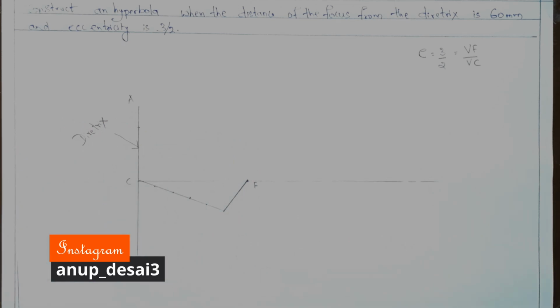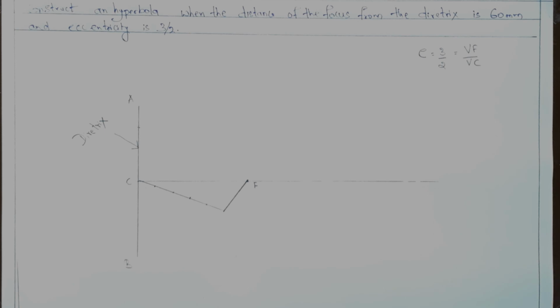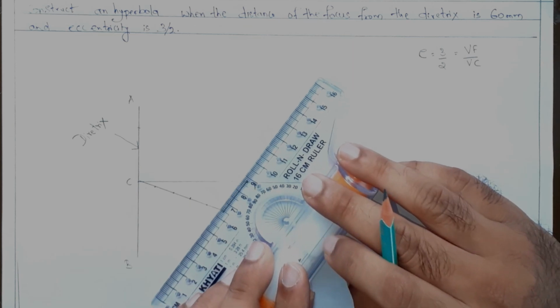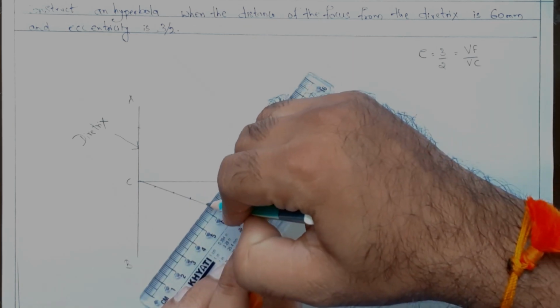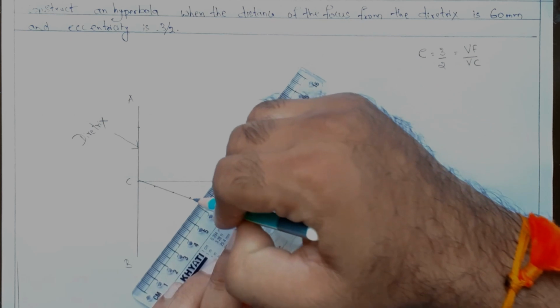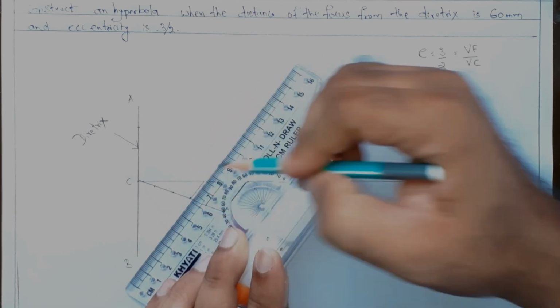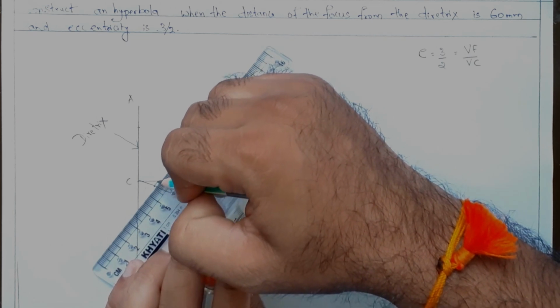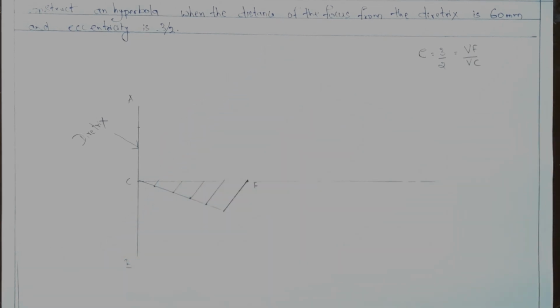Next, we have to join the remaining points to the axis line parallelly using the roller scale or any drafter. So, now we have successfully divided this line into 5 equal parts.